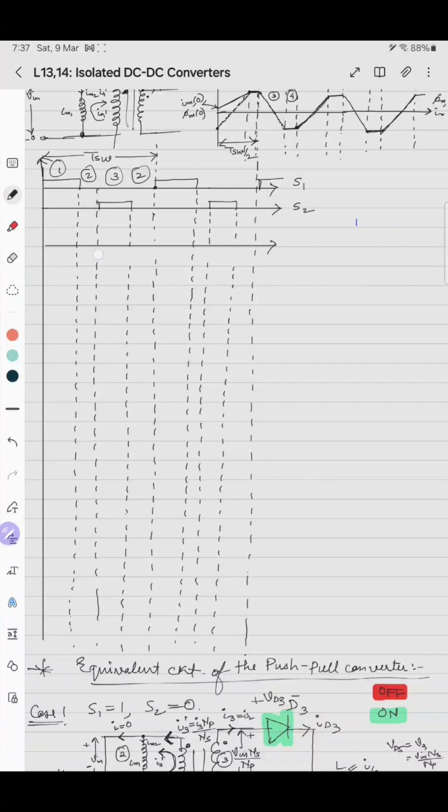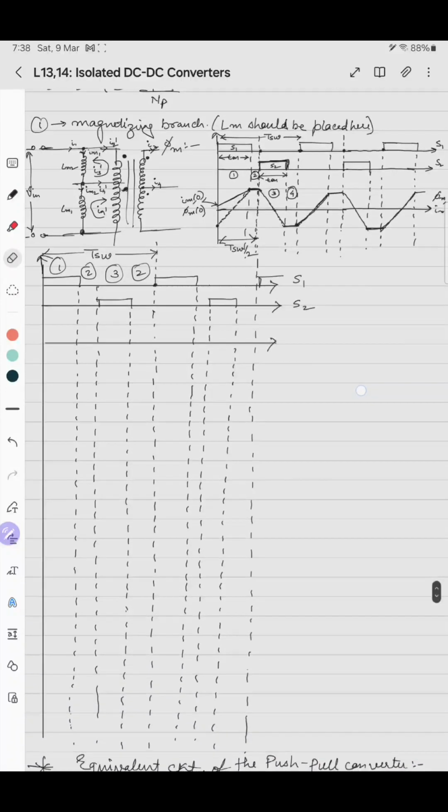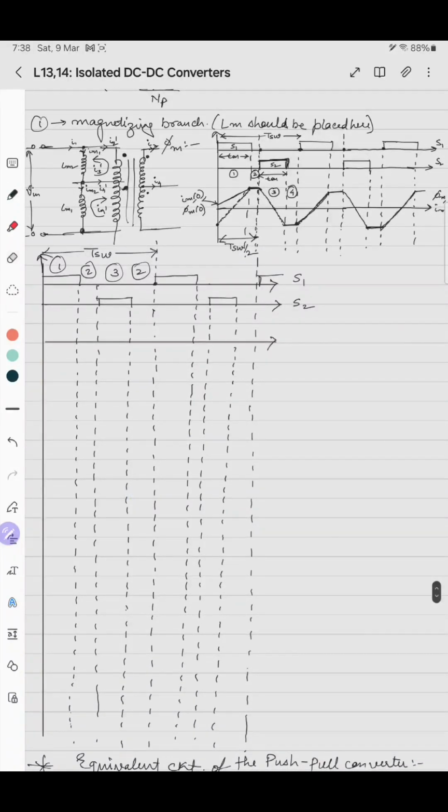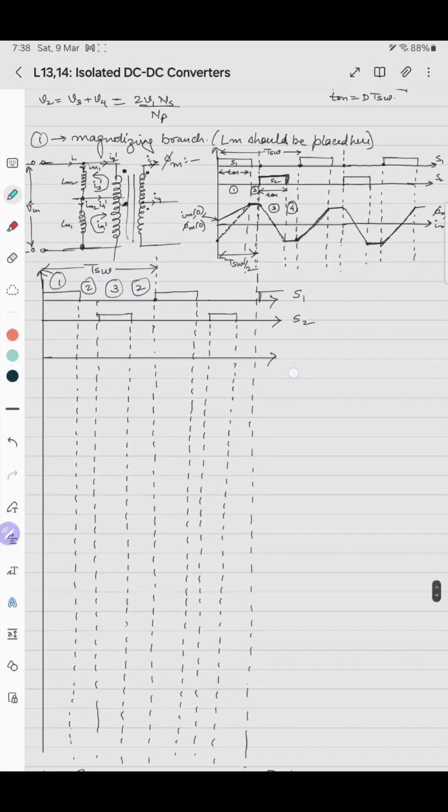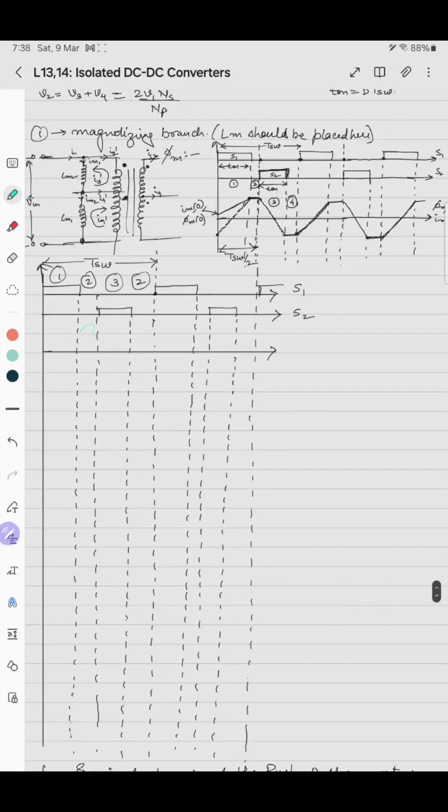So then it will be like this. First I'll do the waveform of IM. In the first case it is like this. Then it falls.